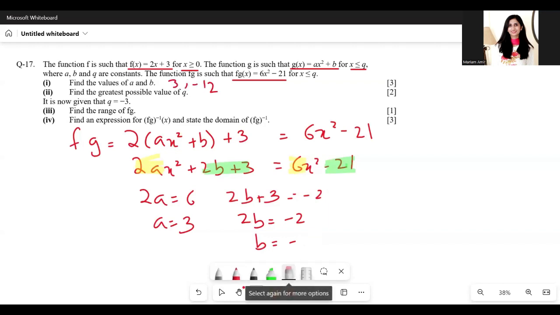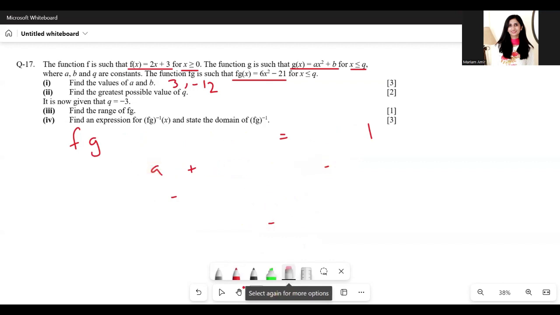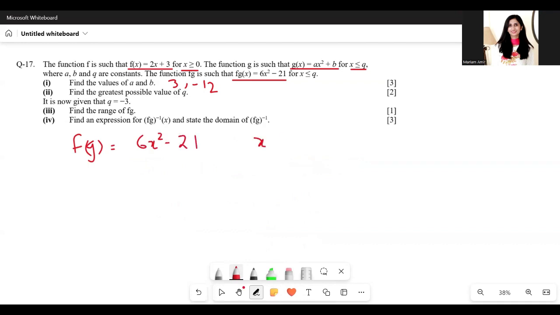Next part says, find the greatest possible value of q. Now let's write fg again. It is 6x² − 21, where x ≤ q.